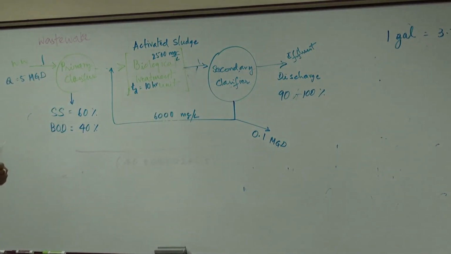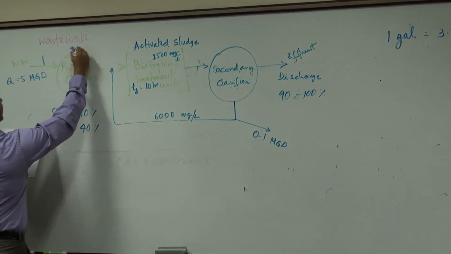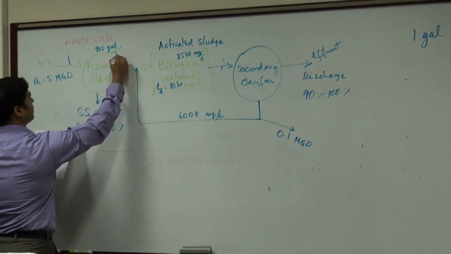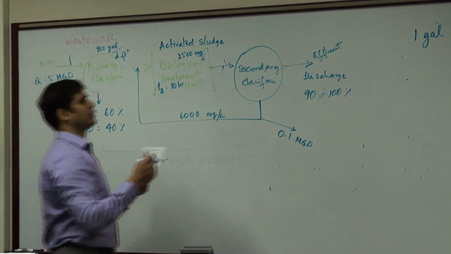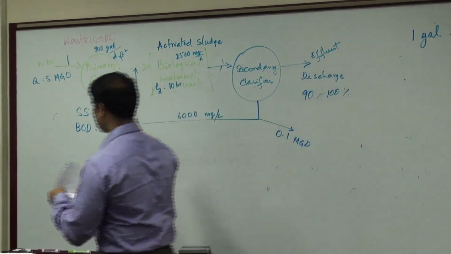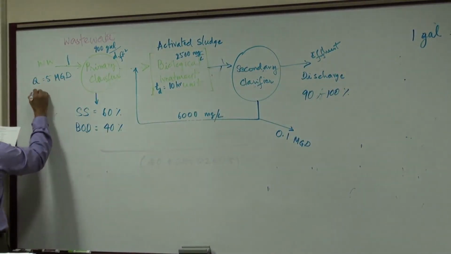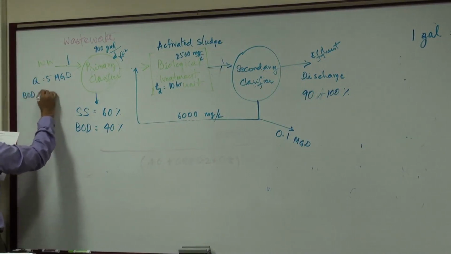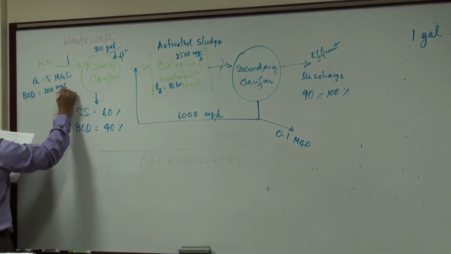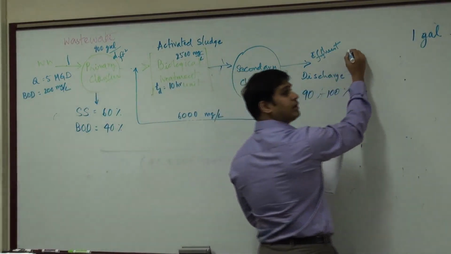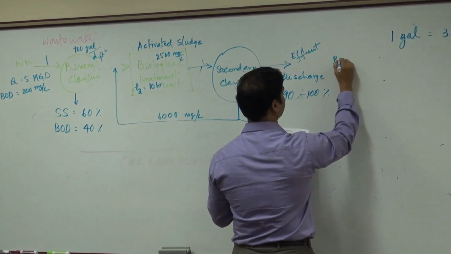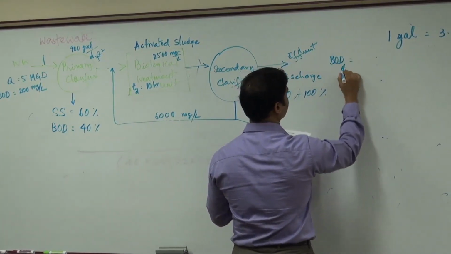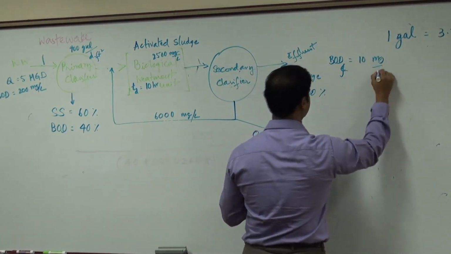The primary clarifier overflow rate is 900 gallons per day per square foot. And then you're given the effluent BOD. You're starting with 200 milligrams per liter BOD, and the effluent BOD, or final, is 10 milligrams per liter.